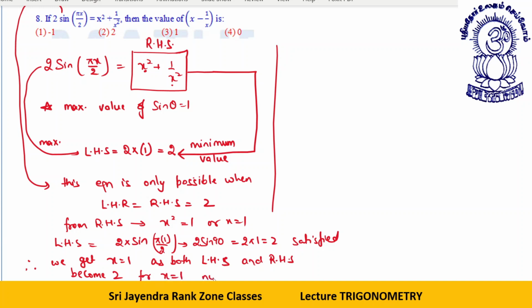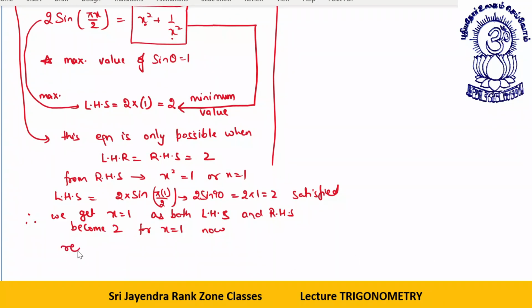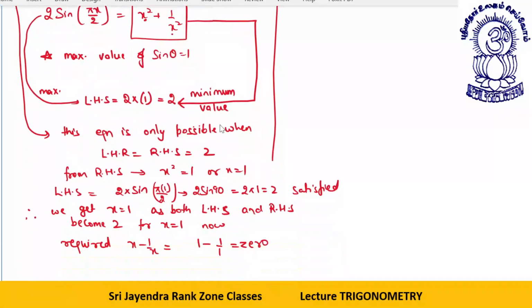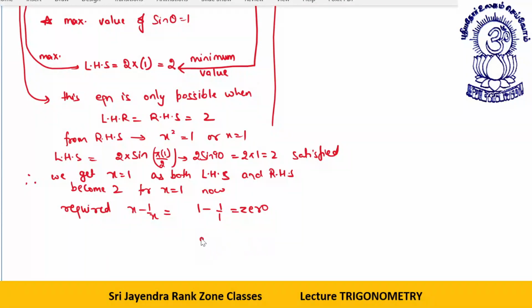Okay, now what is required? Required is x minus 1 by x, or 1 minus 1 by 1, that is equal to 0. Fine. 1 minus 1 equal to 0. Which option? Option number 4. All clear, dear students?